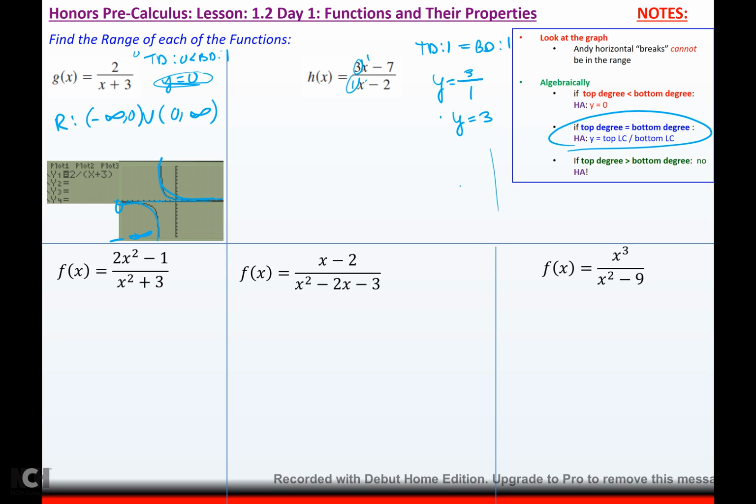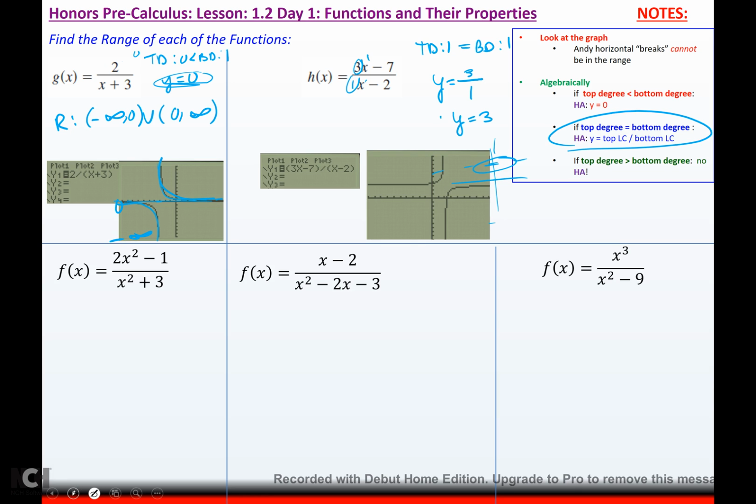Which means whatever this thing does, it's going to go from negative infinity, jump over 3, and then start again. Let me show you on the graph. Sure enough, you've got this horizontal asymptote here at y equals 3. So my range goes from negative infinity to 3, union 3 to infinity.